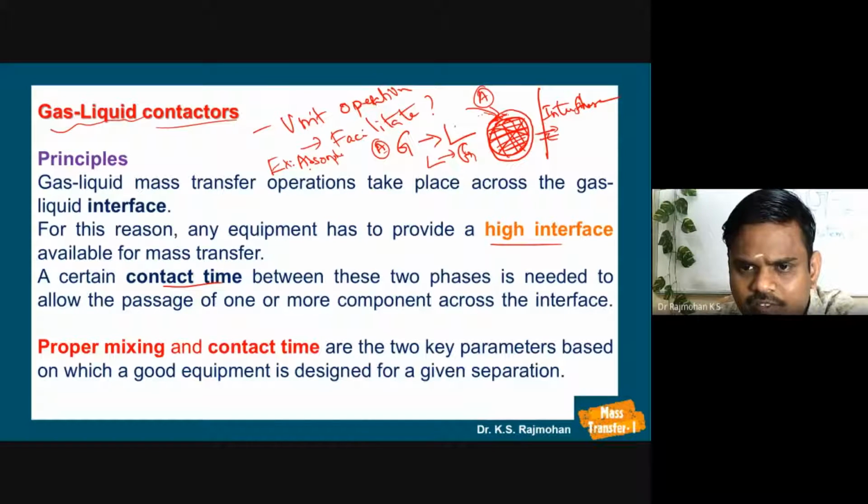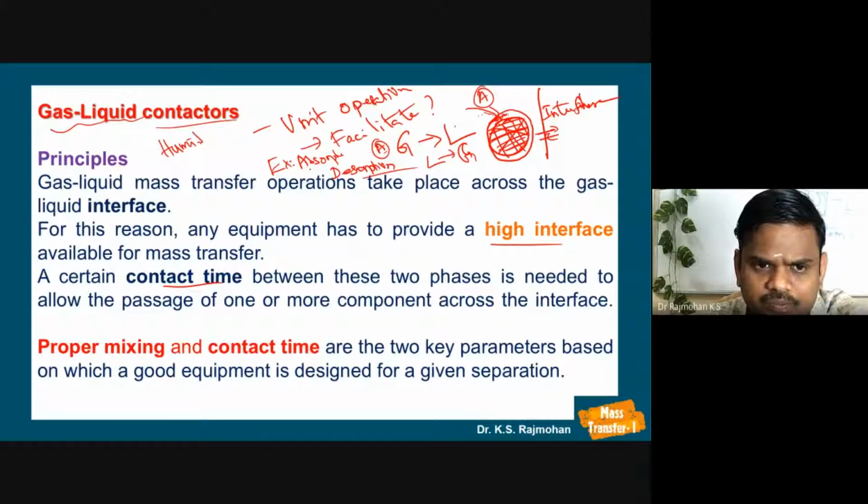What if the mass transfer is from liquid to gas? An example is desorption. What is happening in desorption? You have a liquid and you pass a gas, so from the liquid, one of the solutes will go to the gas stream. That is called desorption. The same applies to humidification and dehumidification.